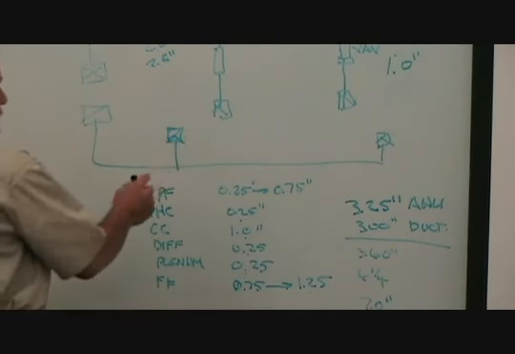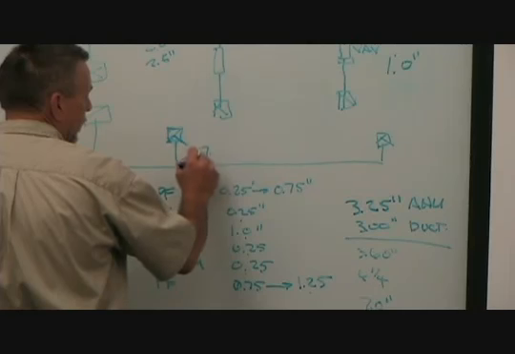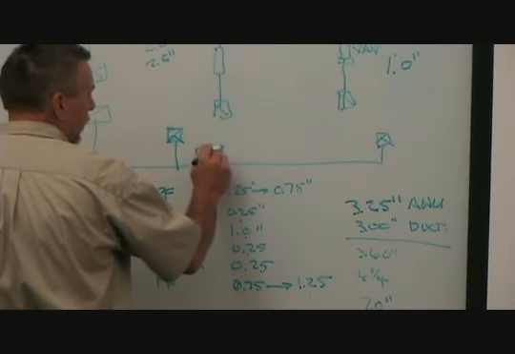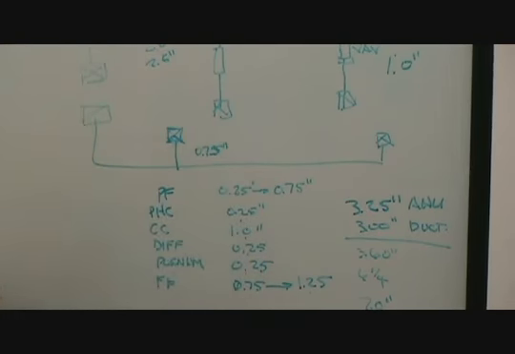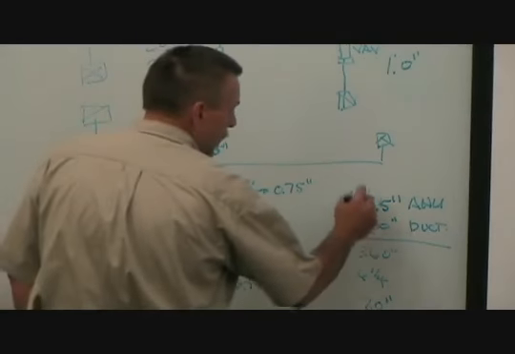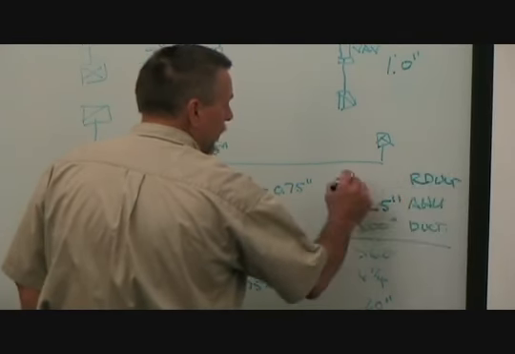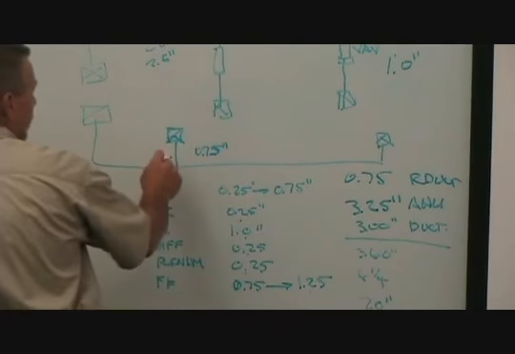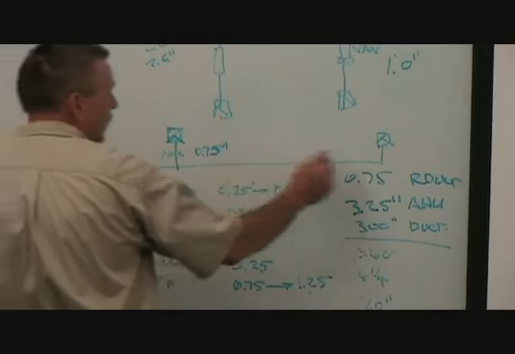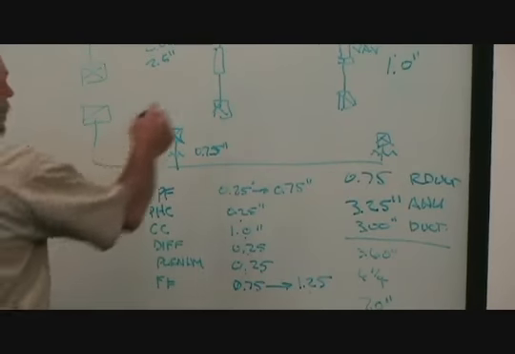Generally, on the low pressure side, I probably want to max that out at somewhere around half to 3/4 of an inch. And my balancing for this is strictly at these dampers right here. It's the only place I've got to balance.